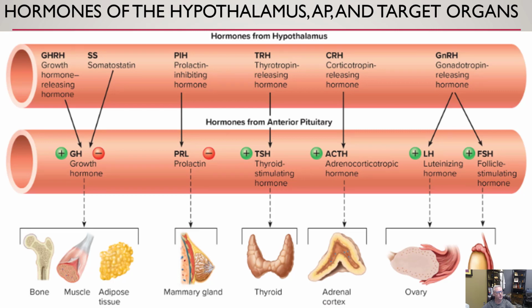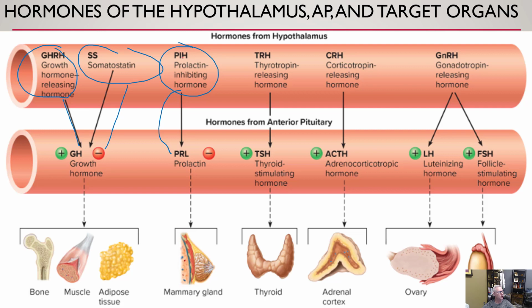All right. And this is just another picture version of what happens. So here it's kind of easy. GHRH is going to stimulate growth hormone. Somatostatin is going to inhibit.